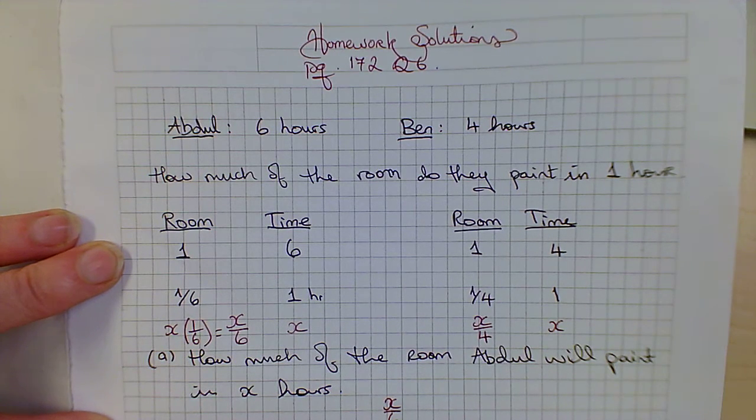Part B asked the same question about Ben. So Abdul paints X over 6 of a room in X hours, and in the same amount of time, Ben will paint X over 4 of a room.